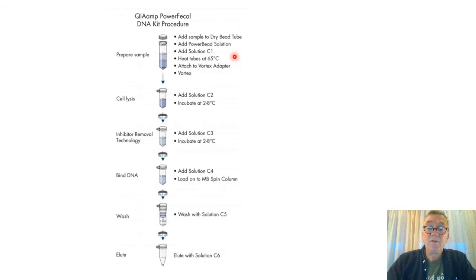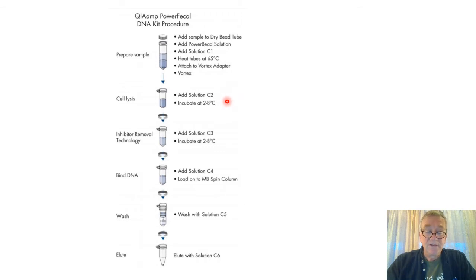In addition, we will not use a vortex, but we will use a machine that will shake the tubes vigorously, and this shaking will make sure that the beads that are already in the tube will smash or beat the cells, so they more easily lyse.